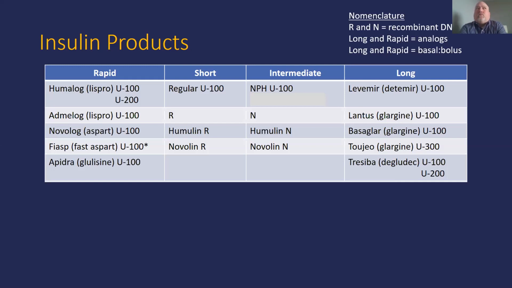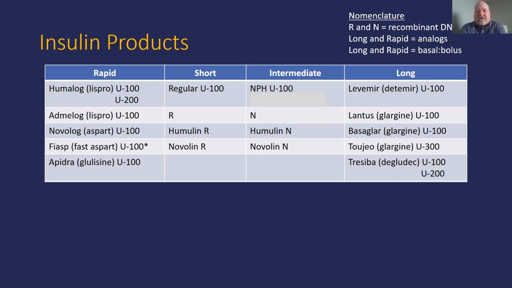NPH, you ever thought about what NPH is? What is the insulin in NPH? Because the name doesn't really tell you. NPH stands for neutral protamine Hagedorn. Hagedorn is just the name of the doctor who created it, Dr. Hagedorn. It's neutral. It has protamine in it. But what is it?